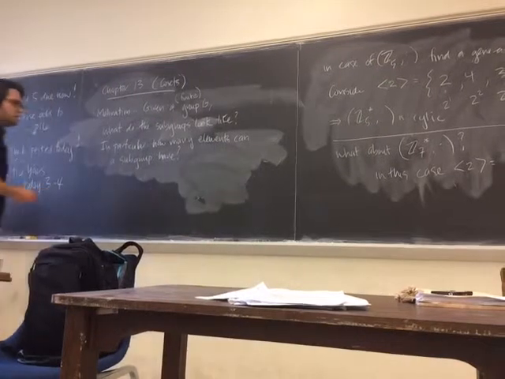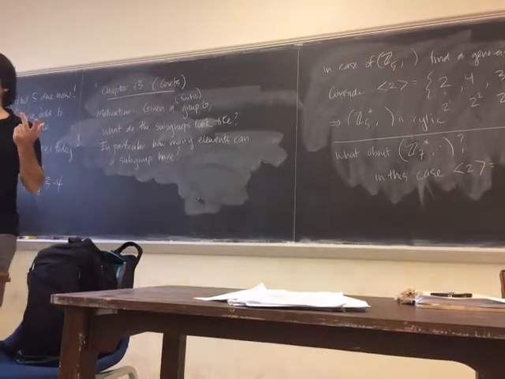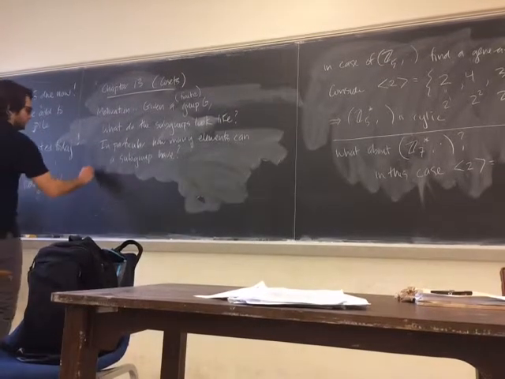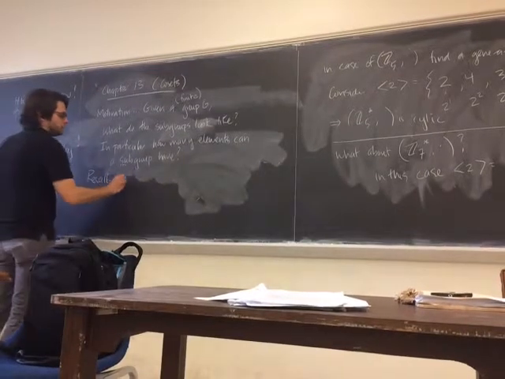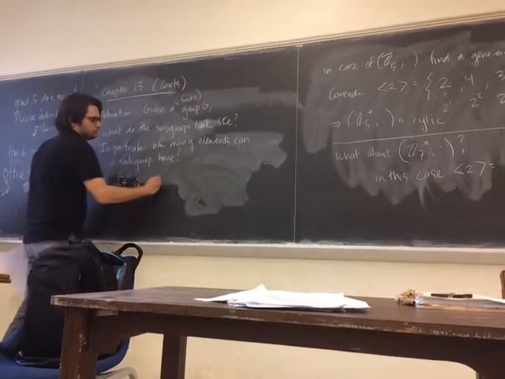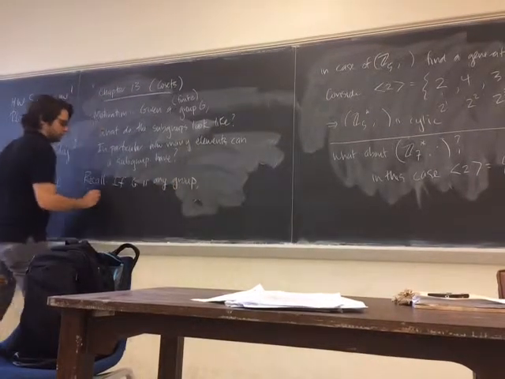So if I give you a group G, it always comes for free with two subgroups. Let me write that down so we can get that out of the way. If G is any group, what are the subgroups that are always there?